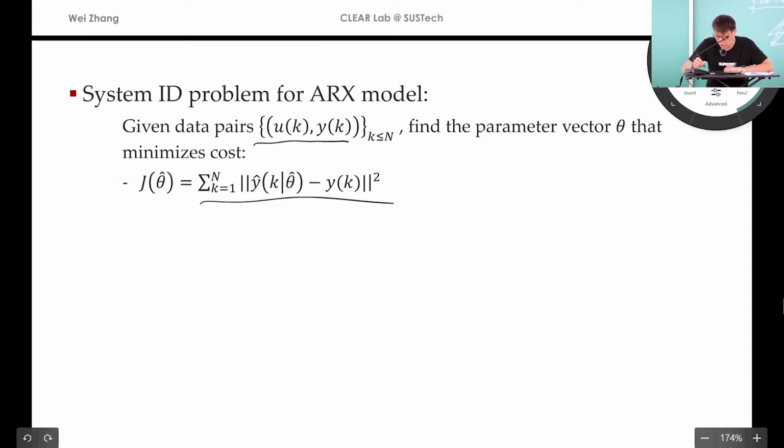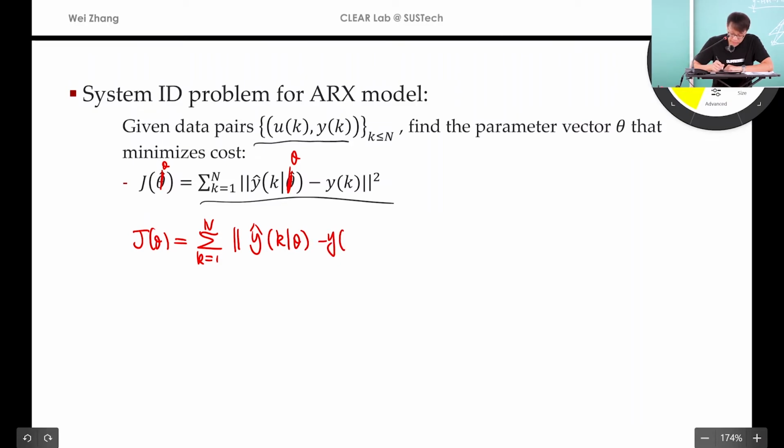Let me make some changes. Sorry, this should be theta. So J of theta is my cost function: the summation from k equal to 1 to n of y hat k given theta, minus y k. I want to be consistent with my notation before.